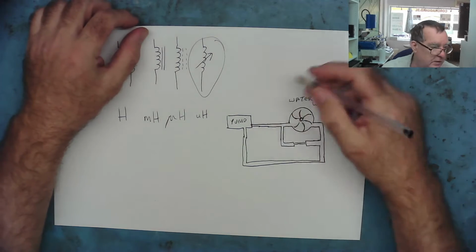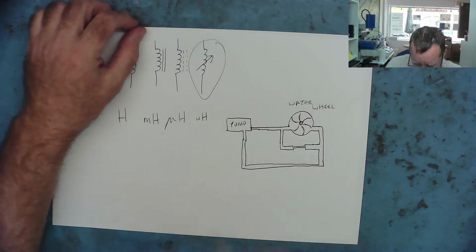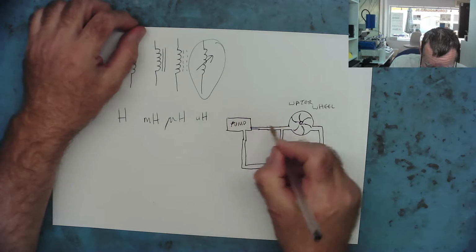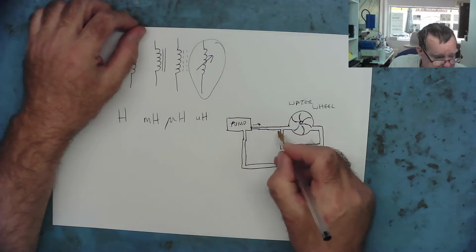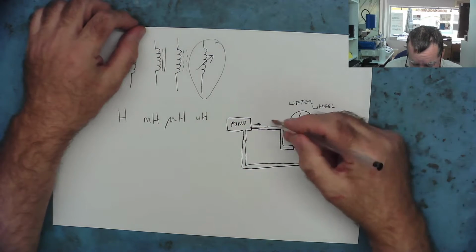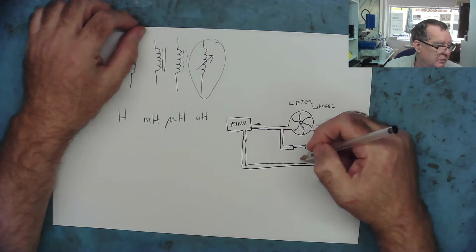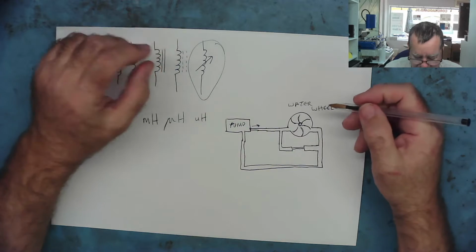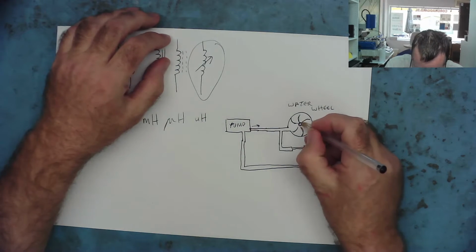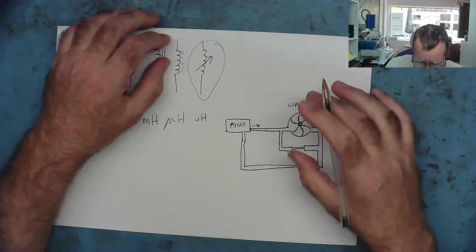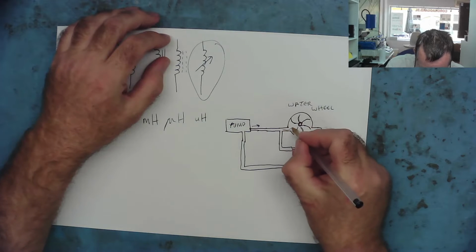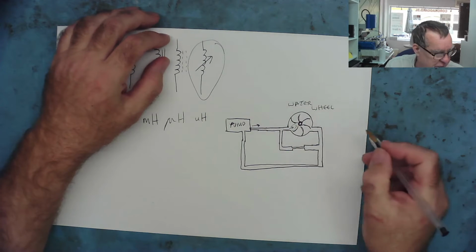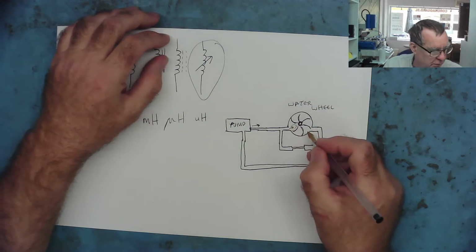So when we first turn this on, the pump will push water out, and when the water gets to this branch in the pipe, it will have to go either one way or the other. Now the water will flow through the path of least resistance. Initially this water wheel is standing still, so the water that comes into here will fill this chamber and push on the water wheel.